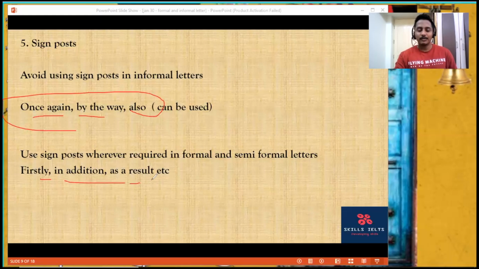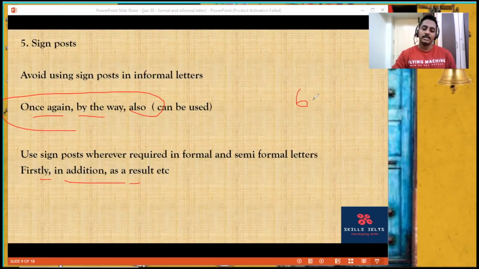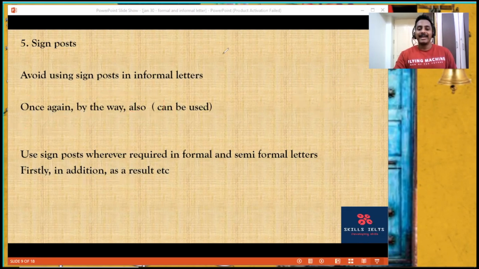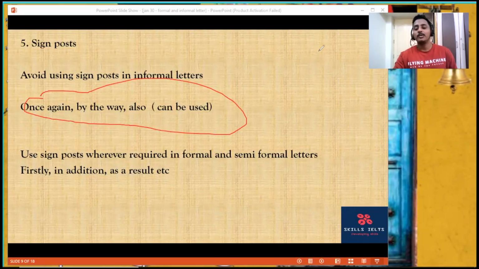Don't make this mistake because tone is very, very important. If the tone is wrong, even if your essay is excellent, you would not get more than 6.5 in your writing. Writing also plays an important role. Any doubts? Whatever way you speak with your friend, all those signposts can be used. And then, by the way, you can use. Furthermore, in addition, those you cannot use.